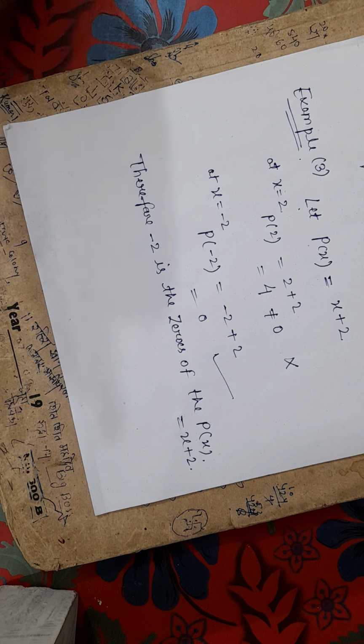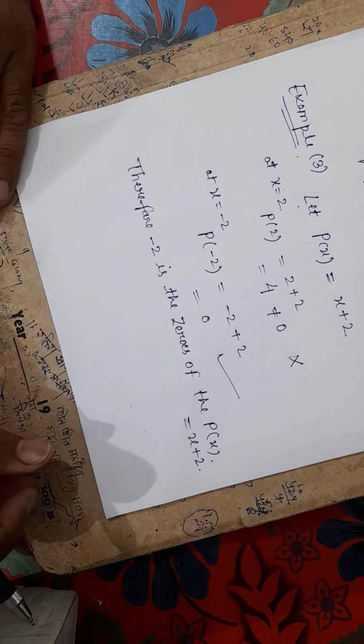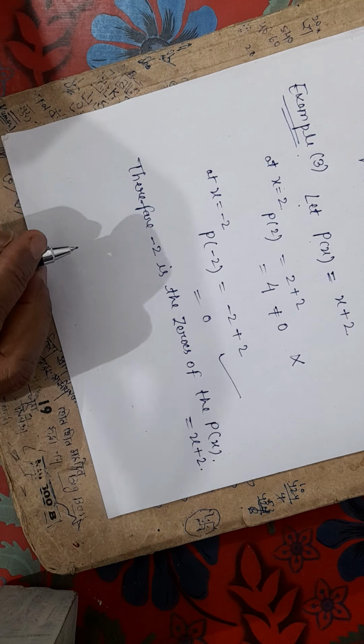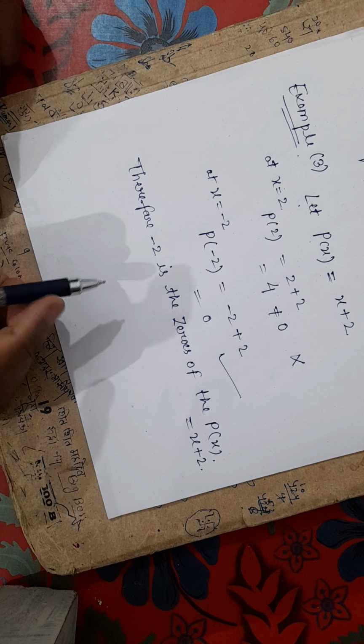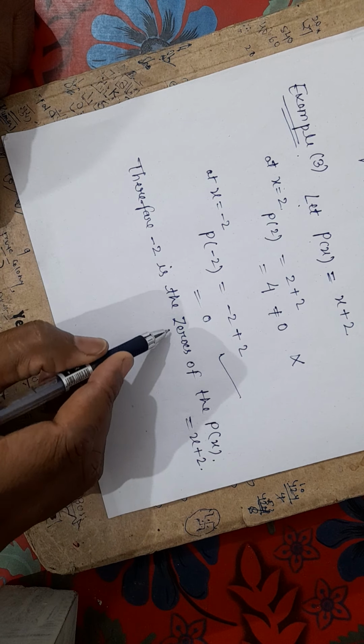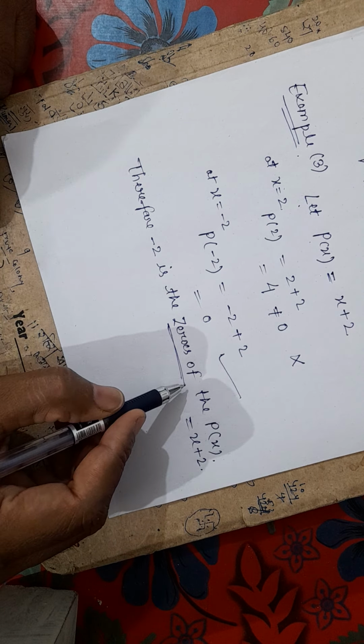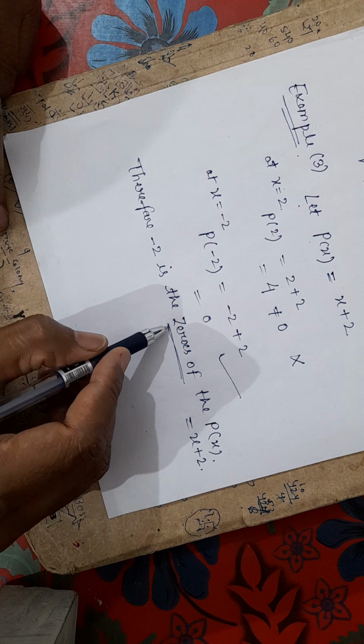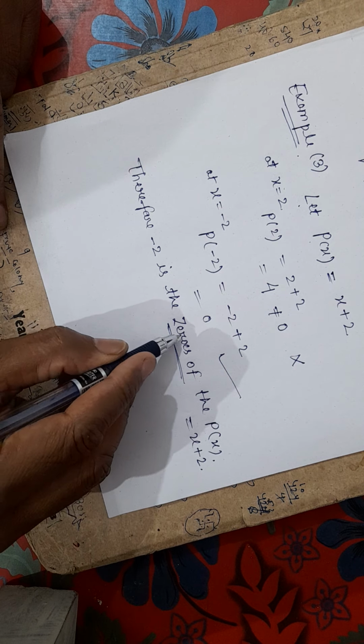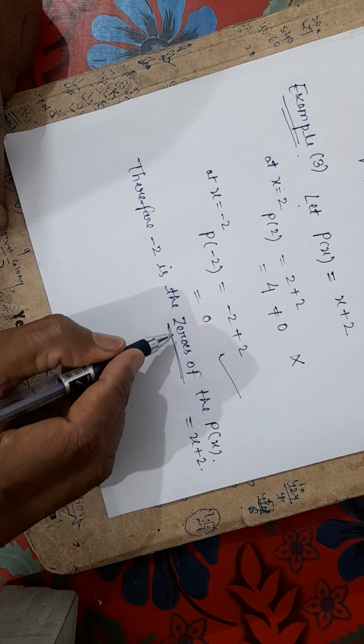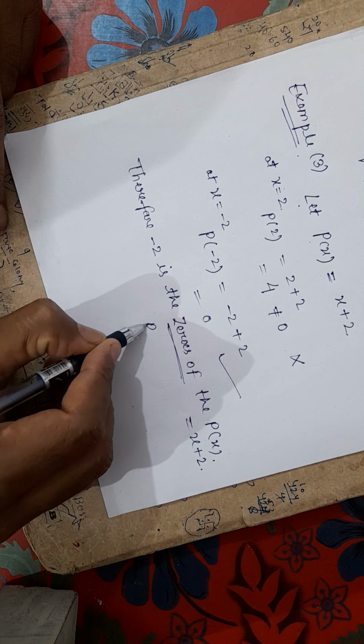Okay students, understand this? So in this way we can say that we are now able to find the zeros of the polynomial. And the second term, what we pronounce, zero is also a root of the polynomial.